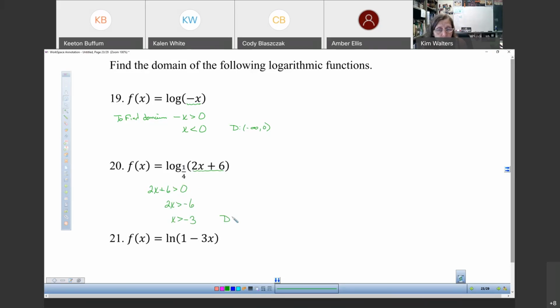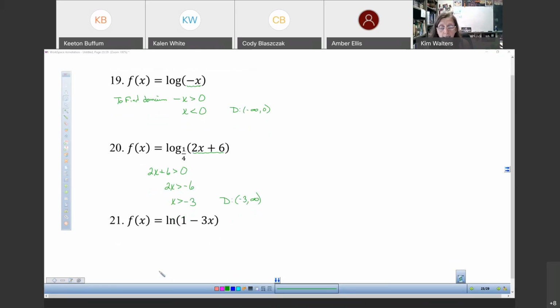So the domain for this function is round bracket negative 3 to positive infinity. My domains for my logarithm functions, hear me, will always have round brackets, always on both ends. I'm never going to include what makes that 0.